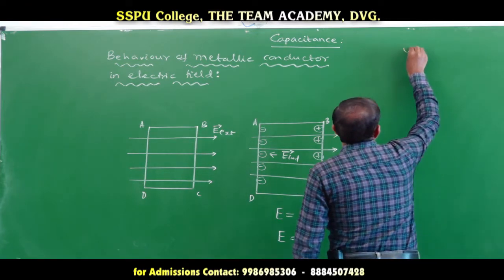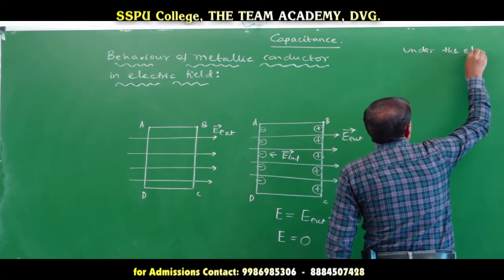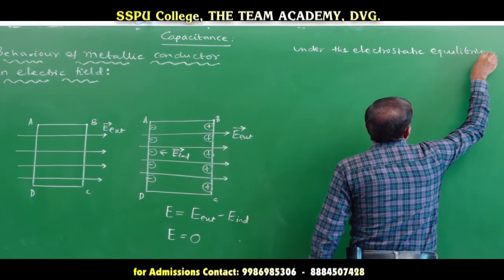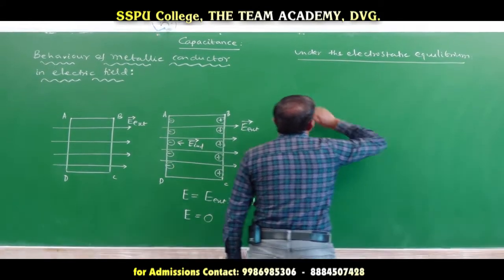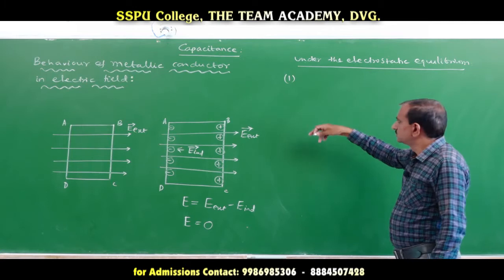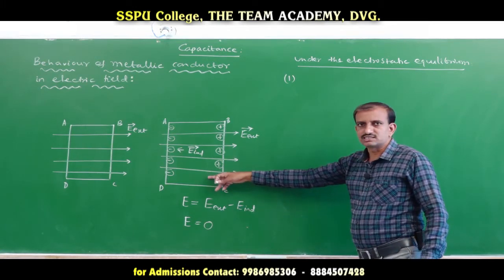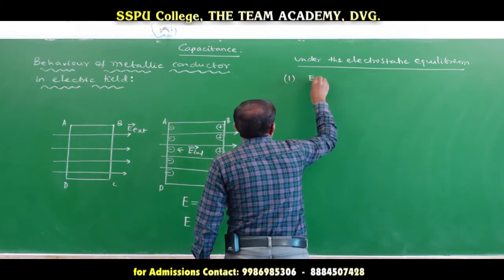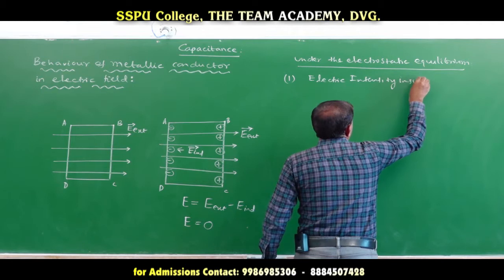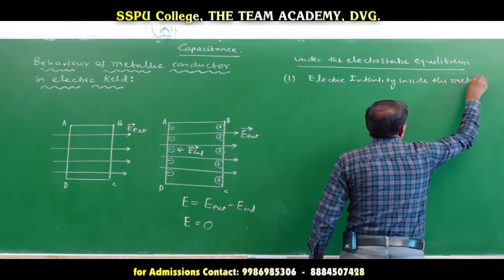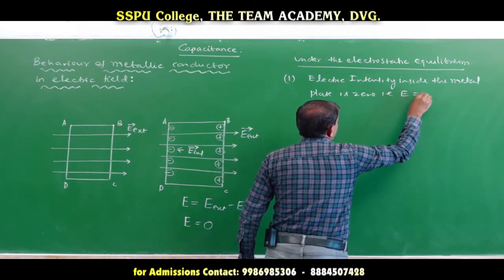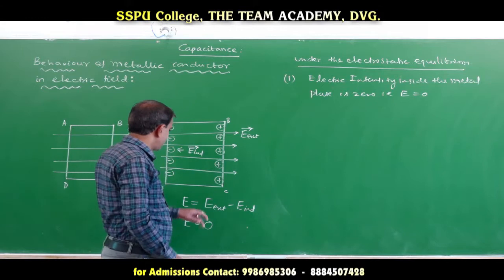The first point: under electrostatic equilibrium, the electric intensity inside the metal plate is 0, that is, E equals 0. Therefore, the net electric field inside the metal plate is 0.